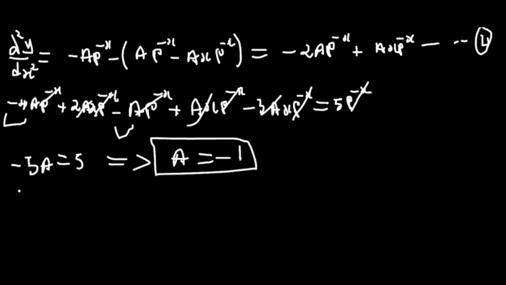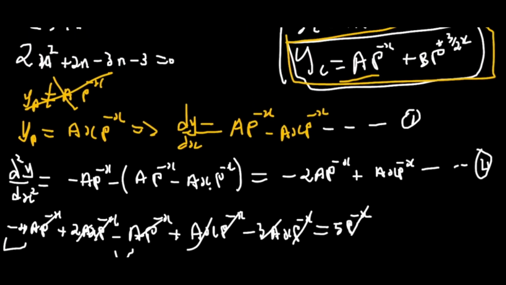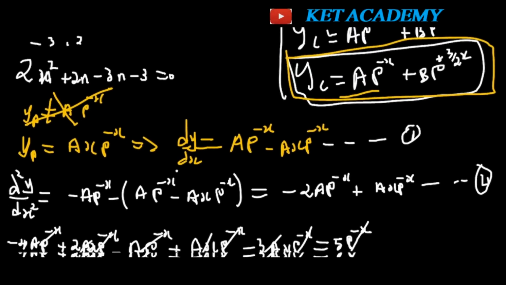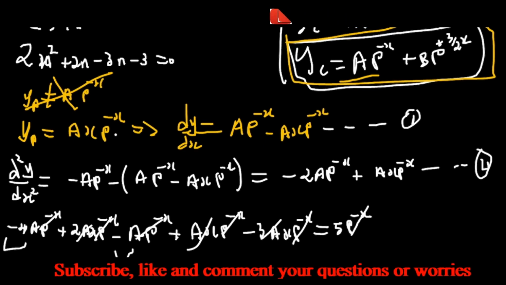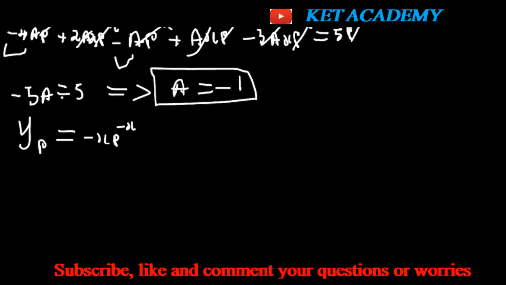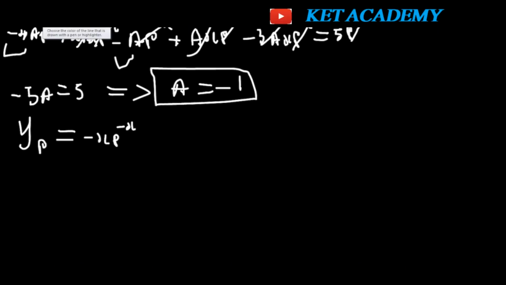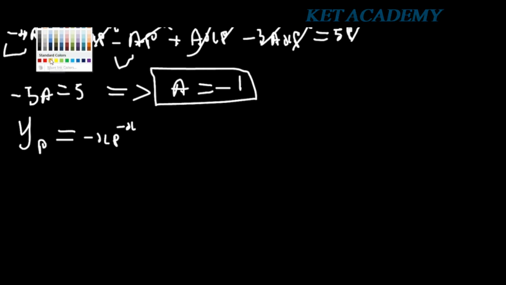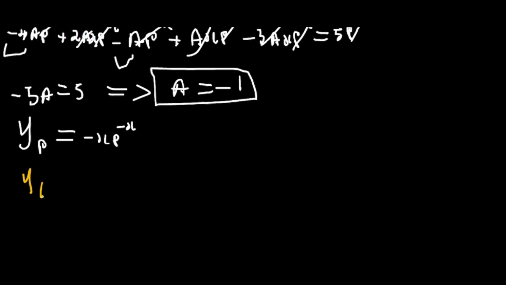So it means that our particular solution, y particular, which is ax e to the minus x, will simply be minus x e to the minus x. Now to get our general solution, y general will simply be y particular plus y complementary.